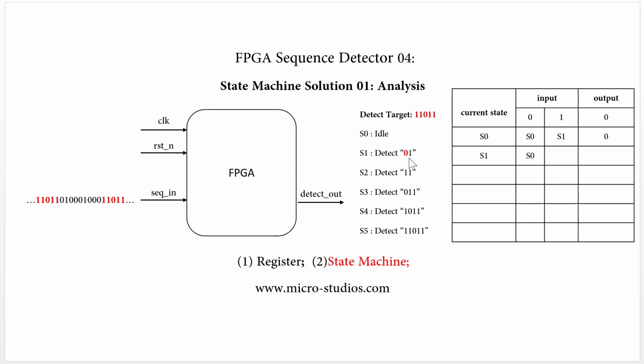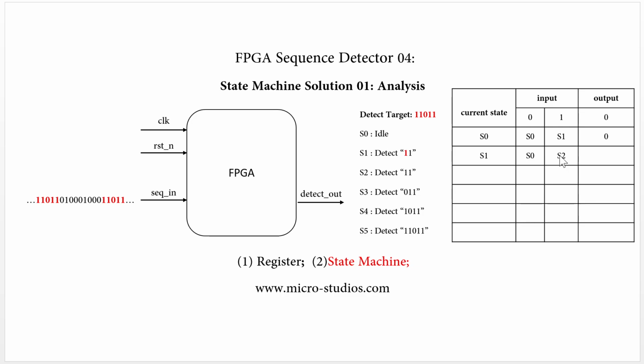It will not match any other state, so we will go back to the idle state, S0. We go back to idle state. If our input is 1, it will become 11. So it is S2 state, so we go into the S2 state.